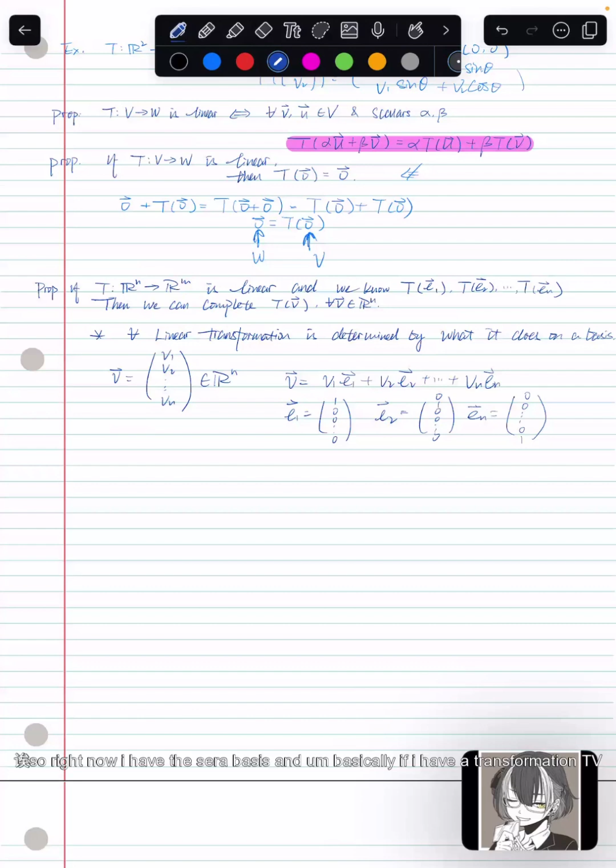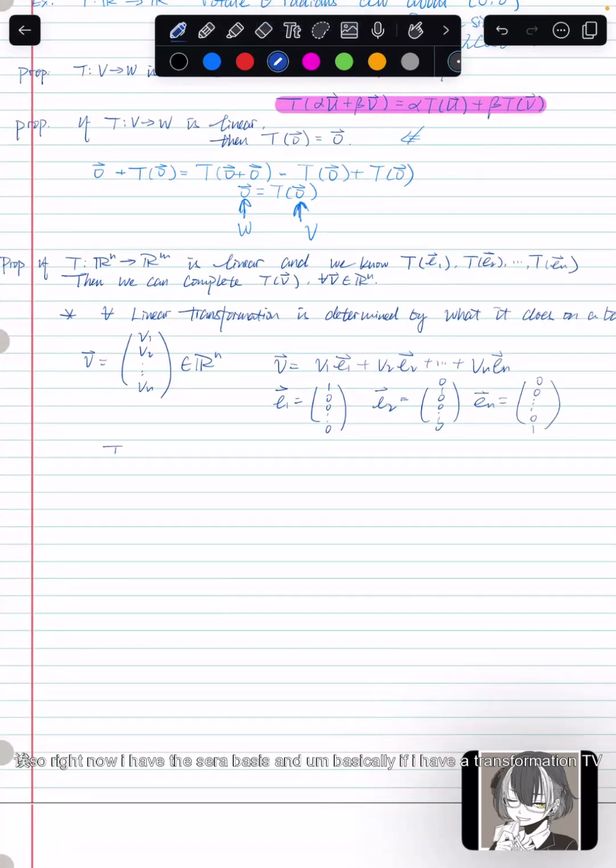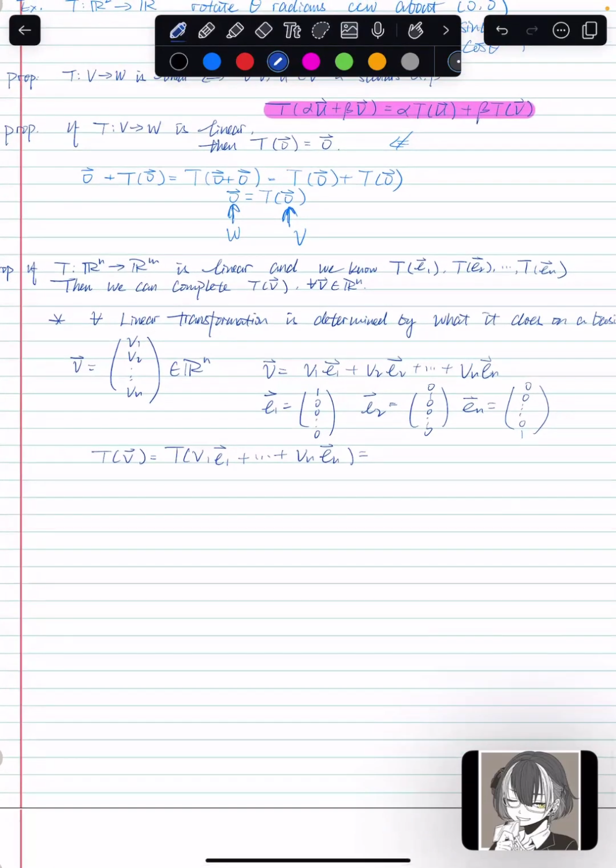Okay, so right now I have the standard basis, and if I have a transformation T of V, that's basically T of v1 e1 plus and so on, plus vn en, equals, by linearity, we can just take the scalars outside.